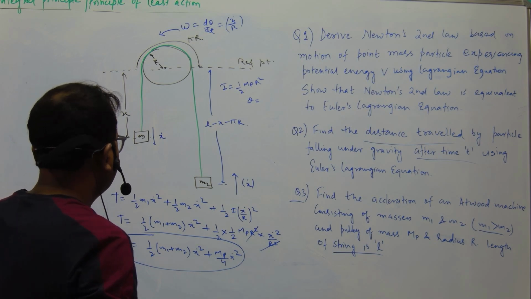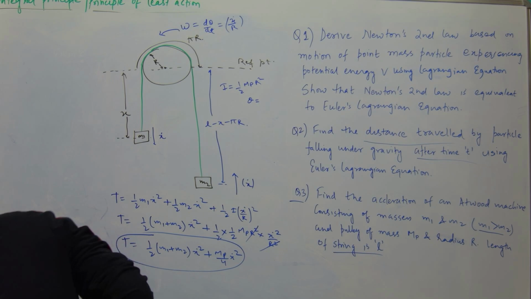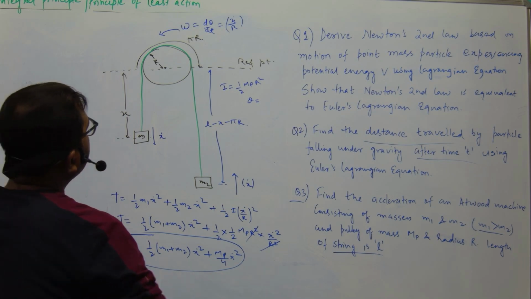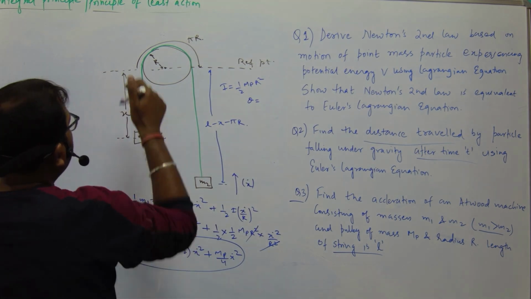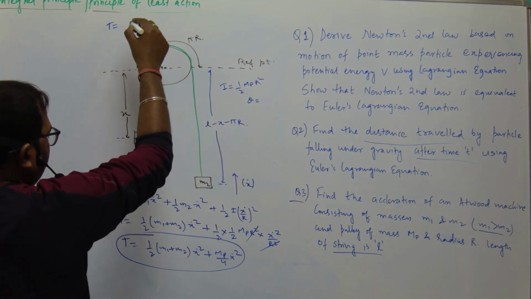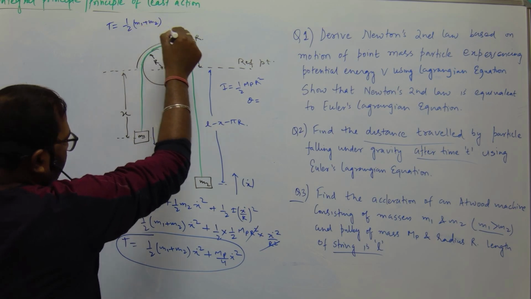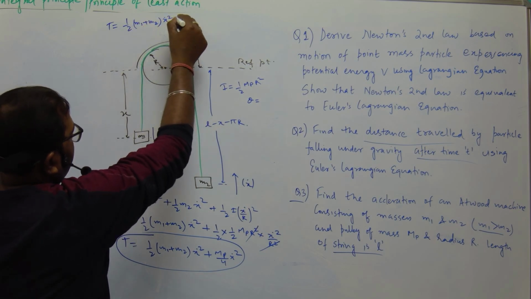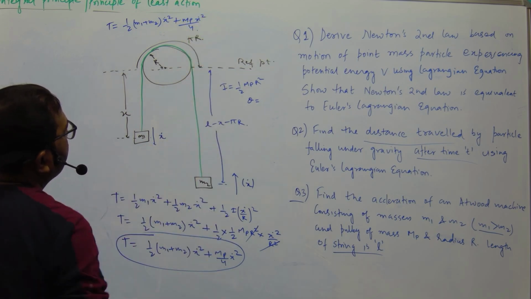Now let us find the potential energy. Let's write down the kinetic energy here: T is equal to half of m1 plus m2 x dot square plus mp x dot square upon 4.